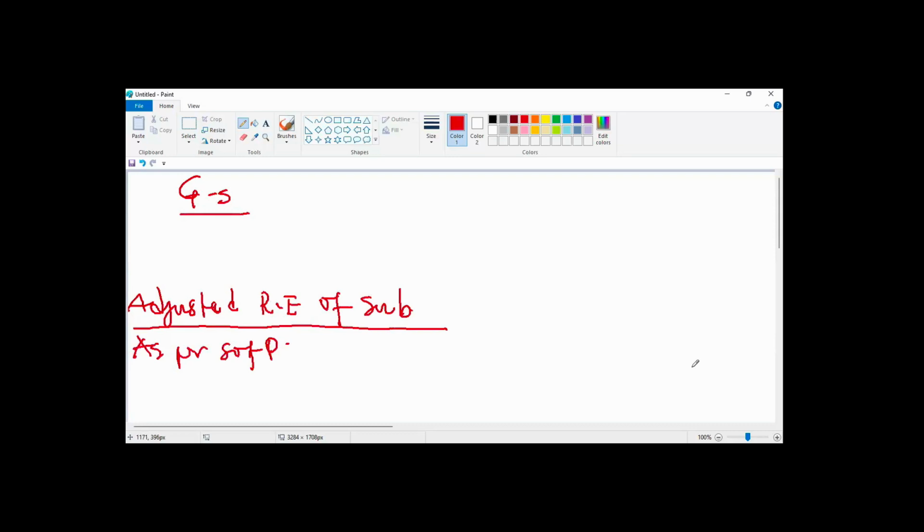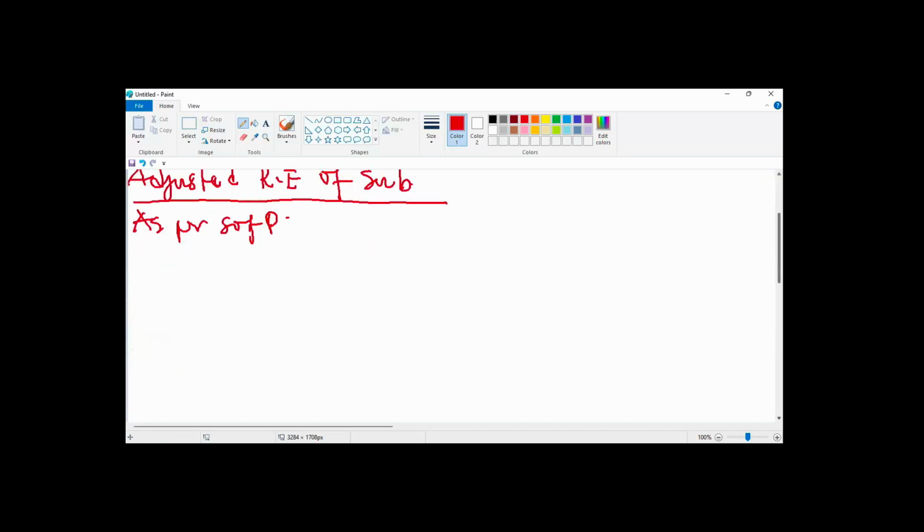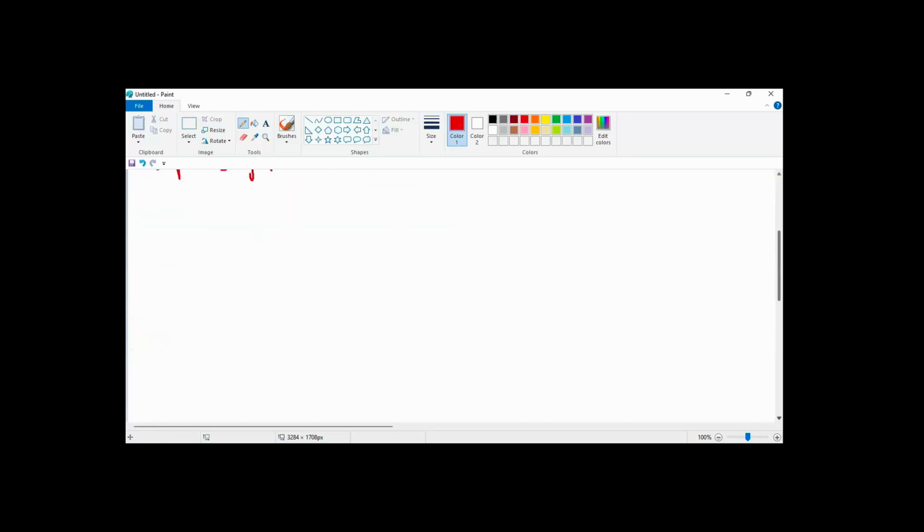Then I need to determine the net assets. Determination of net assets.